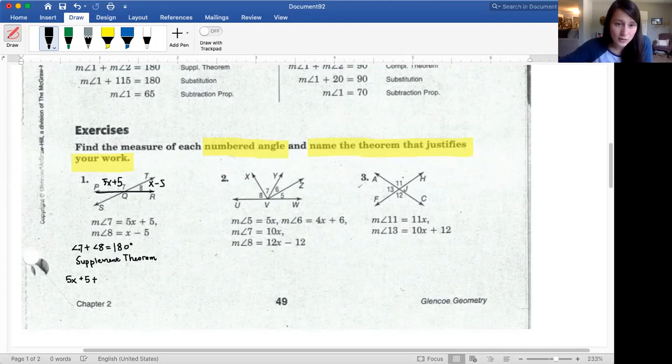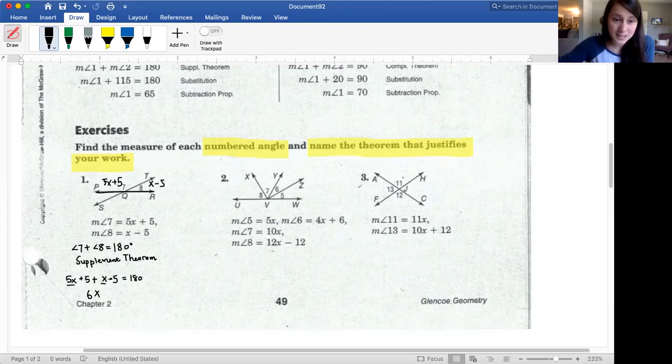So I know angle 7 plus angle 8 equals 180, which means 5x plus 5 plus x minus 5 equals 180. I'm subbing in the algebraic expression for each angle and working that out. So now I've come up with an algebraic equation. I can work it out. 5x plus x is 6x.